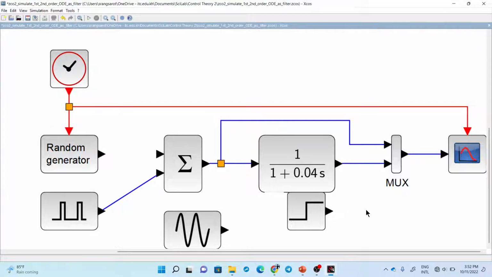Maybe I should copy. I don't have the mouse. It's not easy to copy. Let me copy all of this.